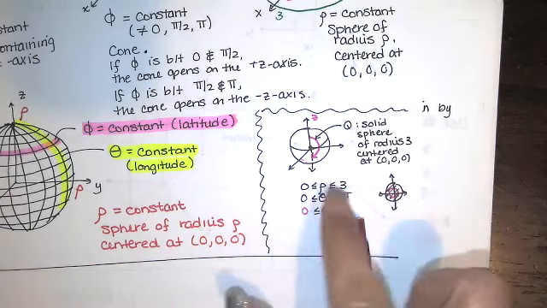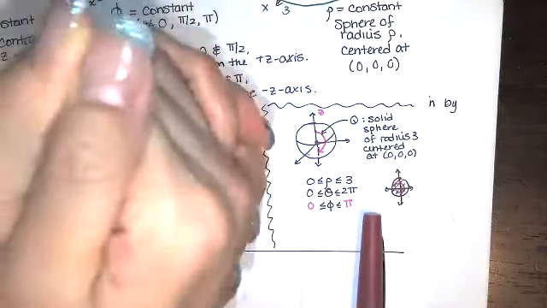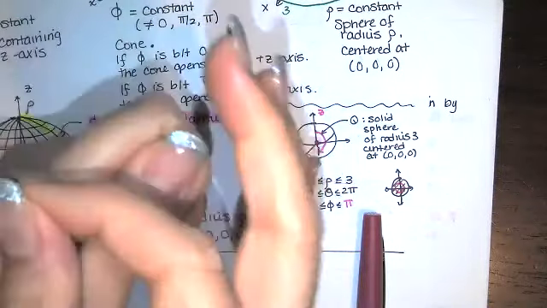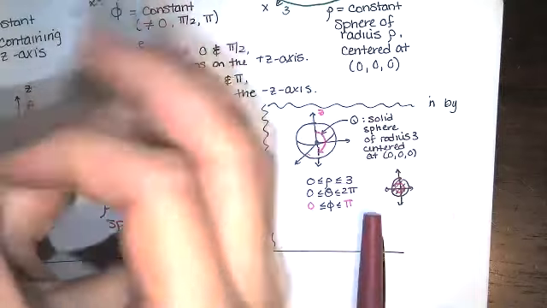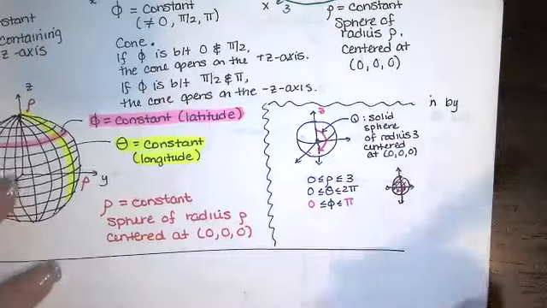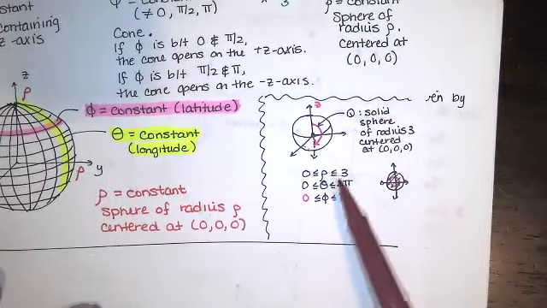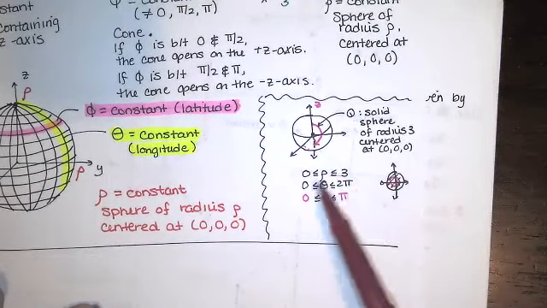So if rho goes from 0 to 3, that's starting at 0 and then going all the way out to a sphere of radius 3. I'm trying to show you with my hands. It goes from 0 to a small little sphere. It's hard to do on this camera, I need to show you in person. But these are spheres radiating out from the origin.